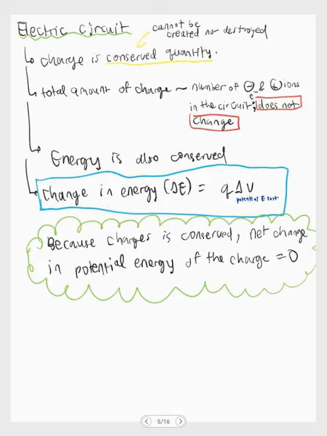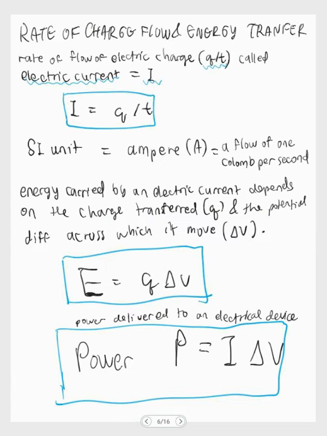As we know from the previous slides, the change in energy, delta E, is also equal to Q times delta V. Because charge is conserved, the net change in potential energy of the charge is going to be 0. Okay, so let's move on to the rate of charge flow and energy transfer.